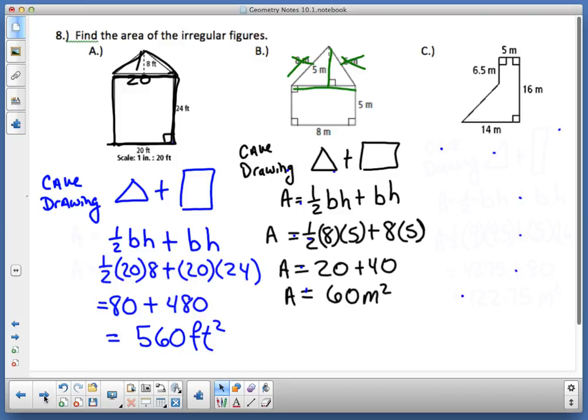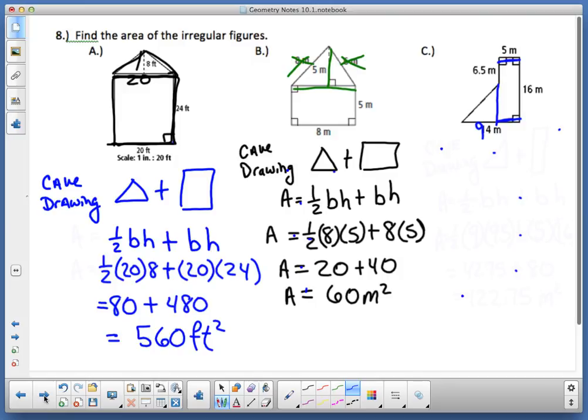Now, when you come across problems like C, you got to be careful. We know a whole bunch of stuff, but we got to break it down to basics. Okay, we are going to break this one into rectangles and triangles because that's what we've been working with. Well, this is 5, so is this. That makes this 9.